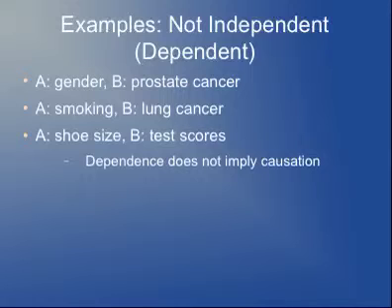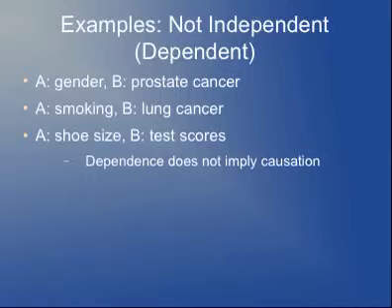Continuing on the example that I was giving here, smoking and lung cancer: the probability of lung cancer is greater if you're a smoker, hence smoking and lung cancer are not independent.